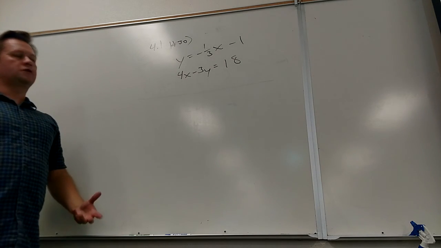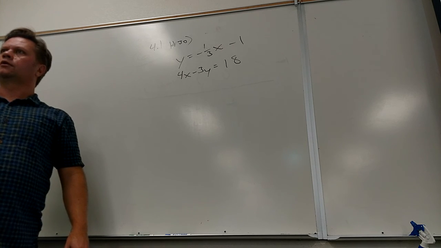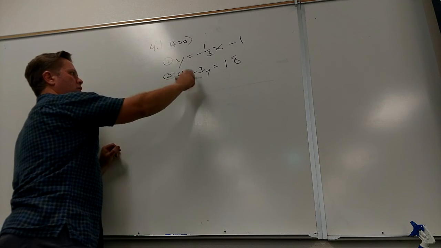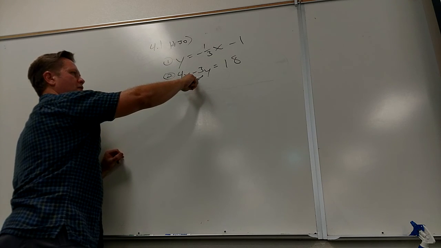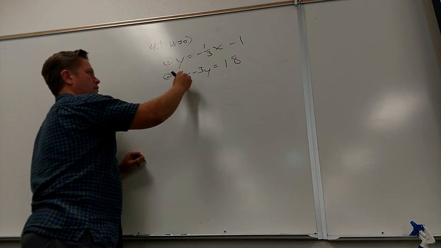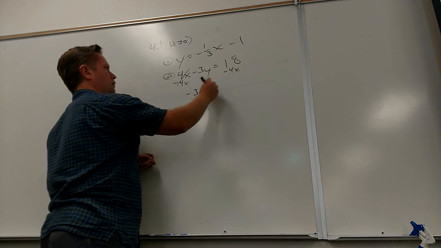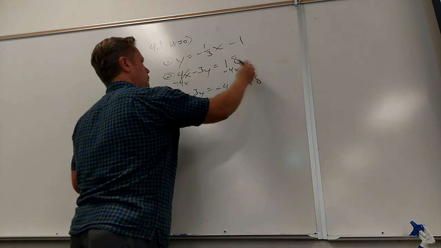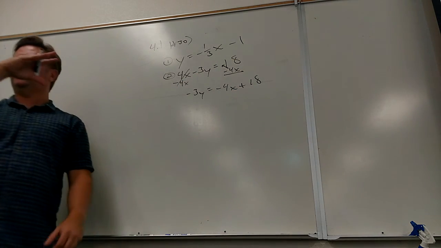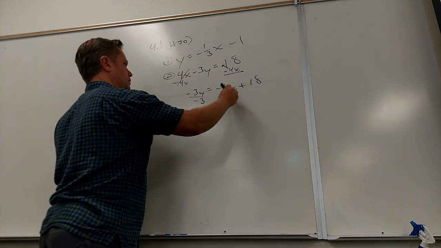So what's the first thing I have to do before I start graphing stuff? This one's in the proper form. Let me put this guy in the proper form. Because the 4x is positive, I've got to subtract it so it cancels. Put negative 4x in front. The 18 is still positive. I didn't do anything to change the signs. Divide by negative 3. Now I'm going to change the signs.